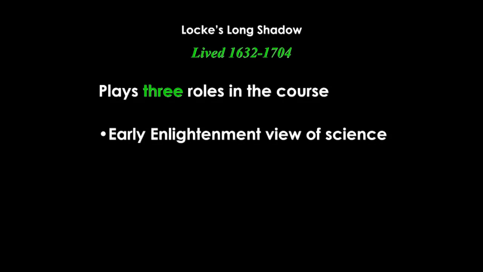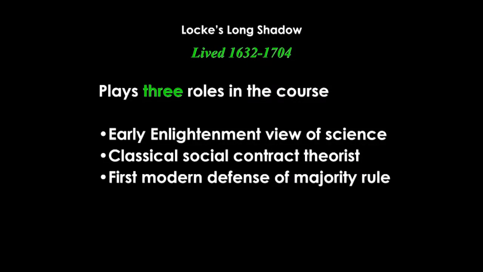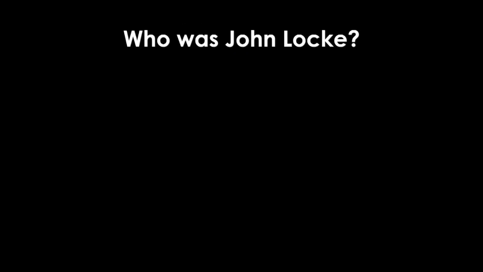I'll get to that in a minute. But secondly, as a classical exponent of the social contract when we get to the social contract tradition later. And then finally, although often less commented upon by scholars, John Locke is one of the most important early theorists of democracy. So he's going to come back to us again in the last part of the course when we get into issues of democratic theory.